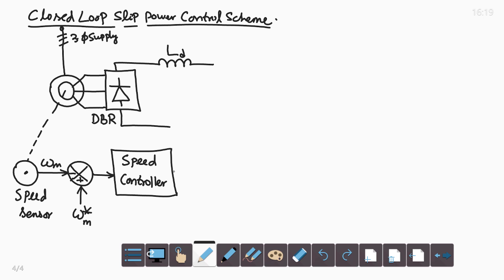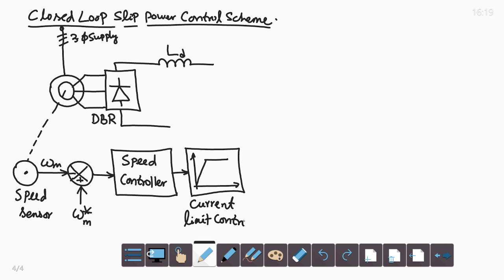Speed controller output has to be the reference current, but again there should be a current limit control. The output of this is the reference value of the DC link current ID star.